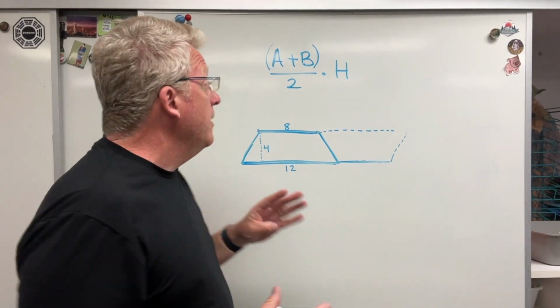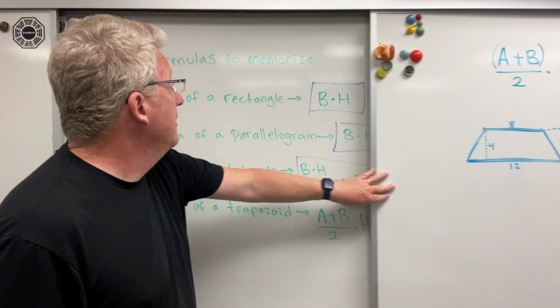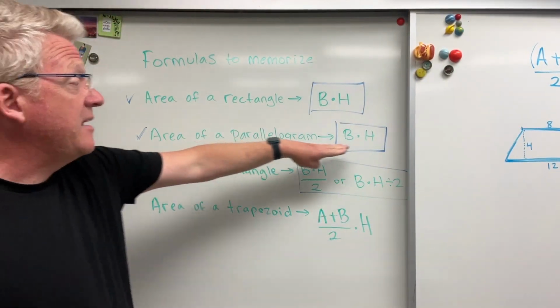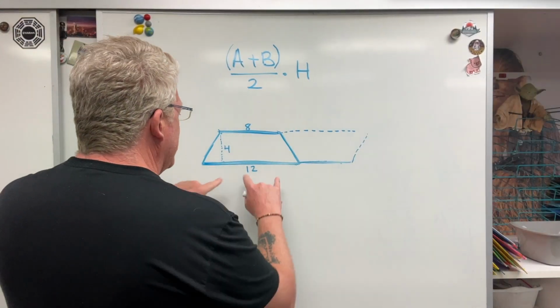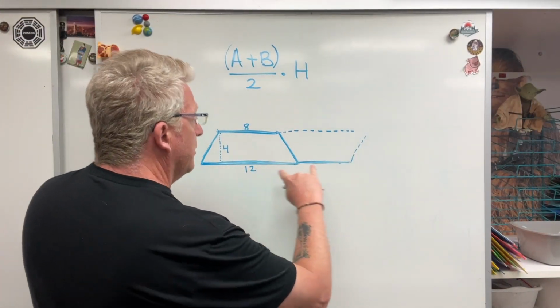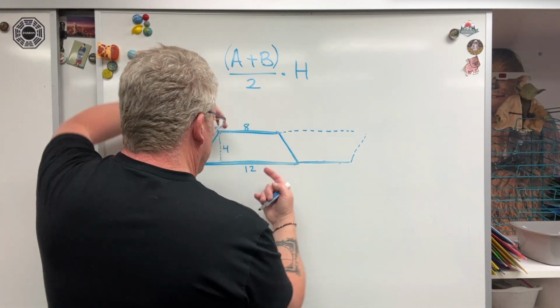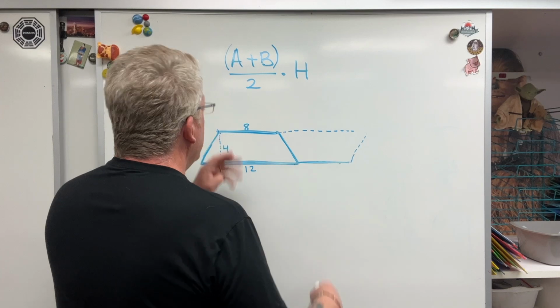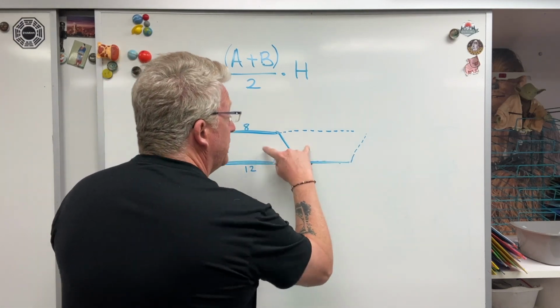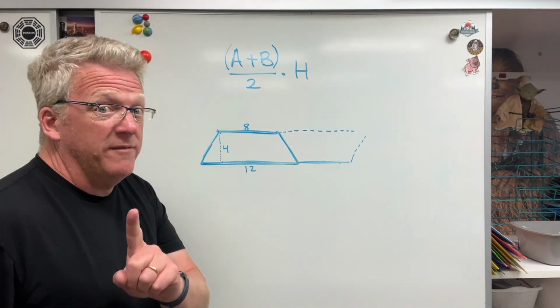And then remember, our parallelogram area is base times height, right? What is our base? Our base is B plus A, these two lengths, times height, divided by 2, because we don't have 2 of these trapezoids, we only have 1 of them.